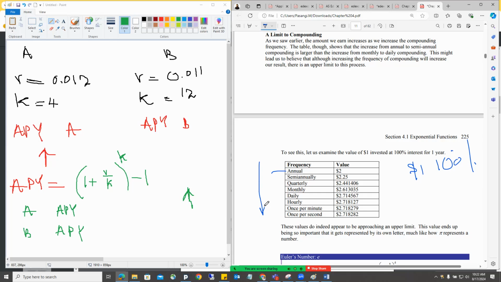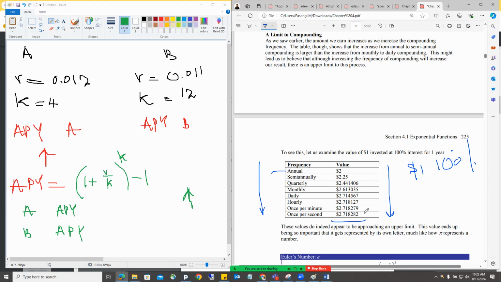Is it understood? Yes. These values do indeed appear to be approaching an upper limit. This value ends up being so important that it gets represented by its own letter, much like how pi represents a number. So you can see this is narrowed down to a number, 2.7182.